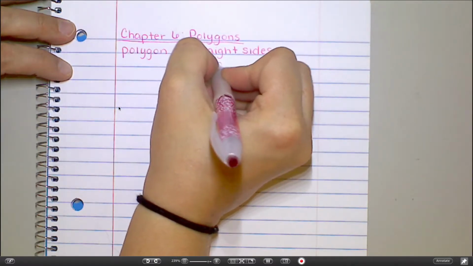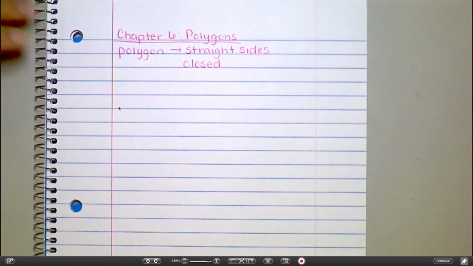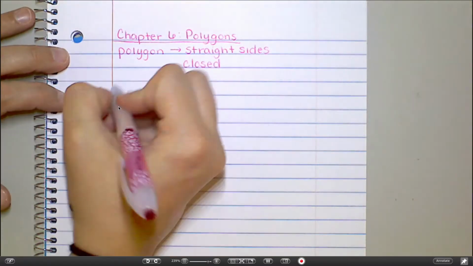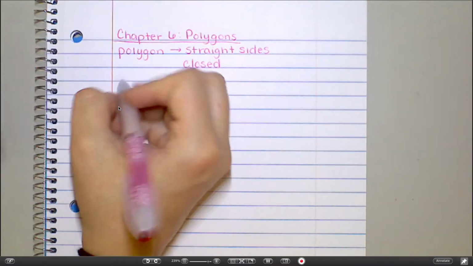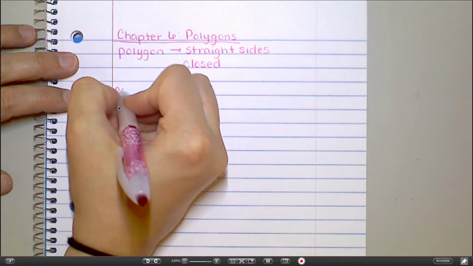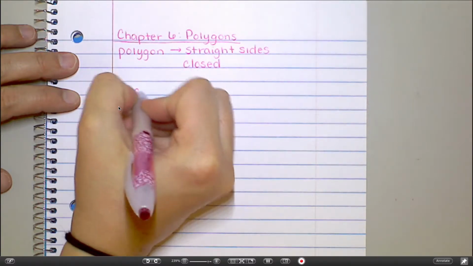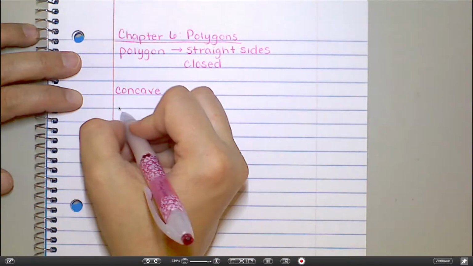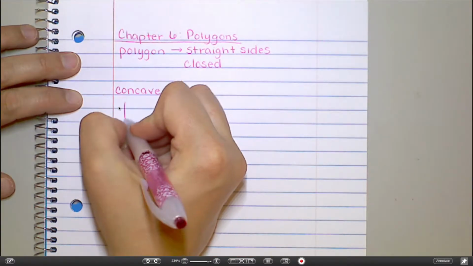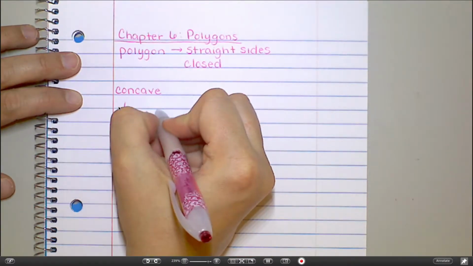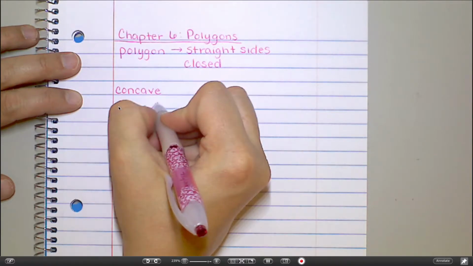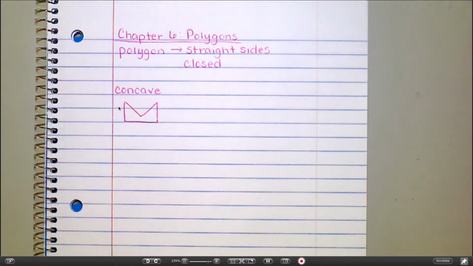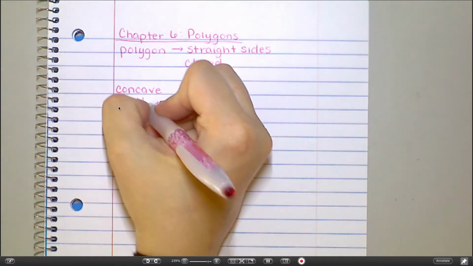Anyone remember some of the ways we classified polygons? How about, okay, we did talk about the number of sides, but even before that, let's look at these. Concave. What's concave? You remember? It caves in somewhere. An example of a concave one would be something like this, where somewhere it caves inward.